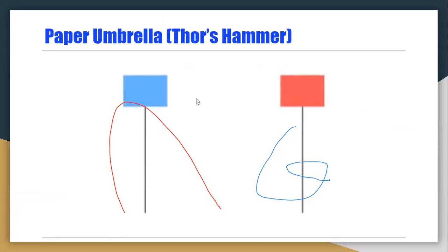Just like the spinning top, it is exactly like half part of the spinning top. Here, prices opened here, prices closed here, it is almost the same. But in the entire day, bears tried to take the prices down, but they were not able to do so. Whether it is a blue or green candle, or a red candle, it does not matter.